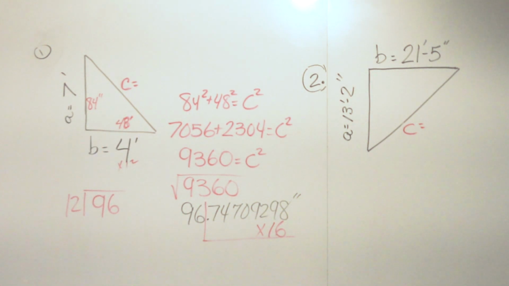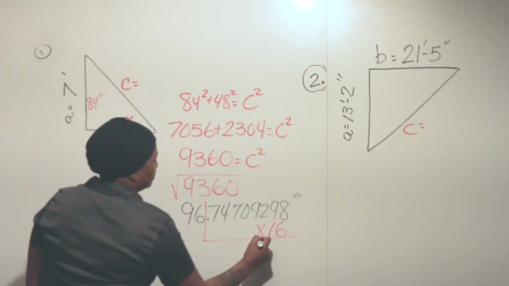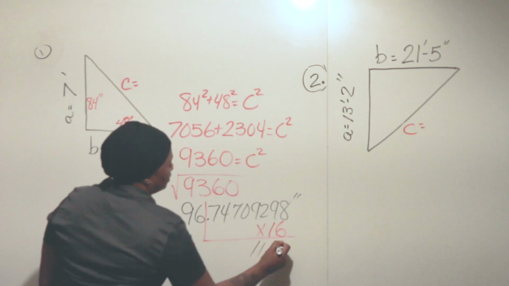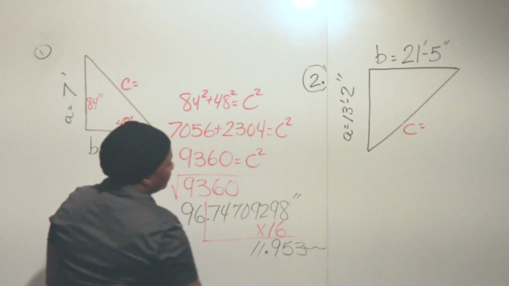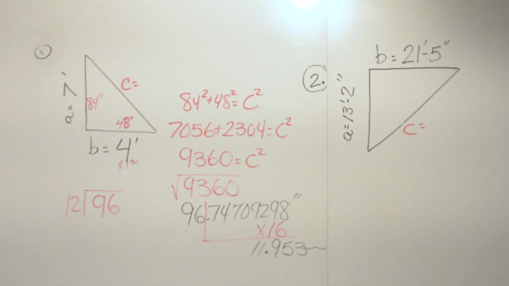So when you multiply the back end of that decimal by 16, you get 11.9534 and some other stuff, right? Because when we're multiplying by that fraction of an inch to the nearest 16th of an inch, we're looking for our fraction. Don't forget.